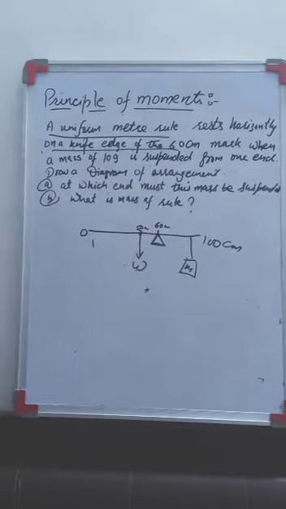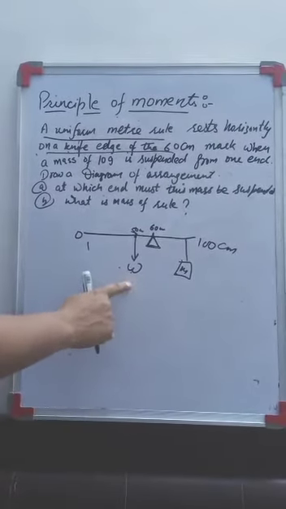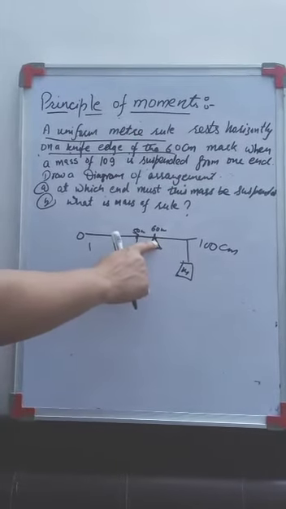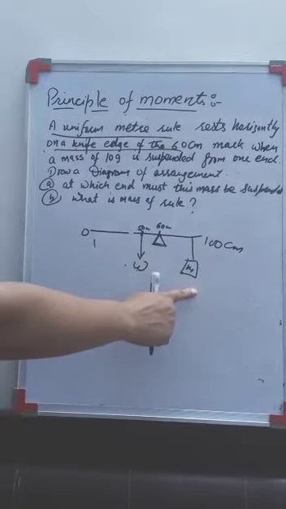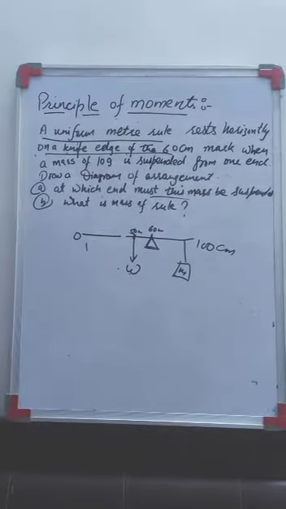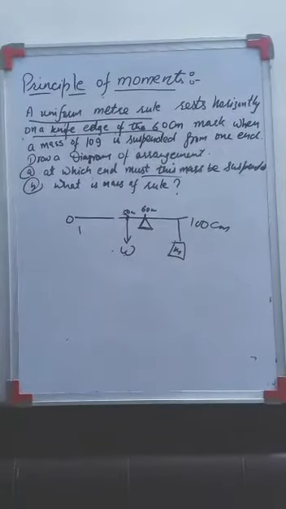On which end it should be suspended, you can work out from the diagram itself. If the knife edge is at 60 and the weight is acting over here, the mass should be on the opposite side, on the other side of the edge.